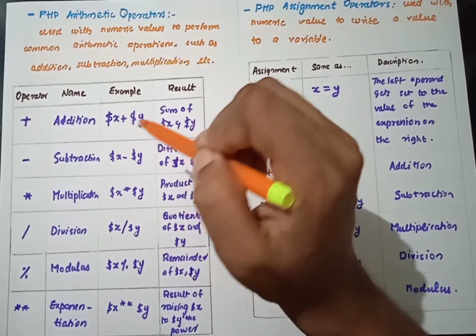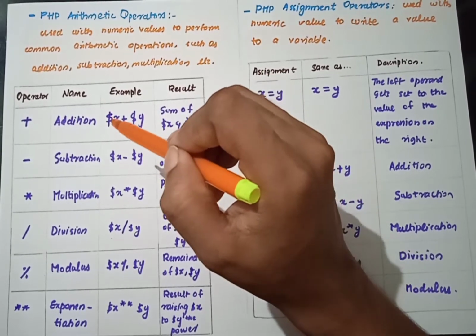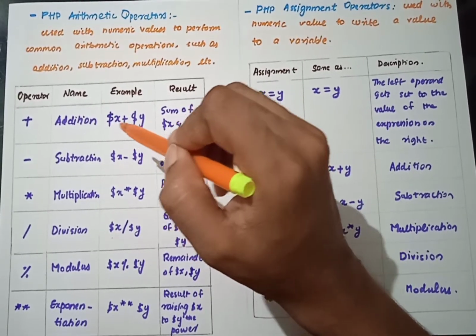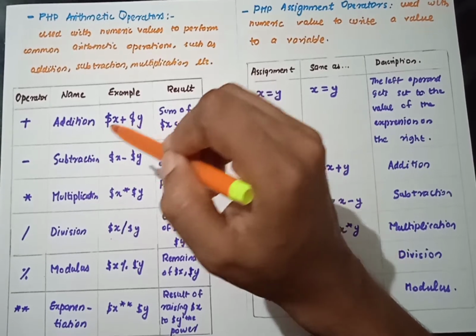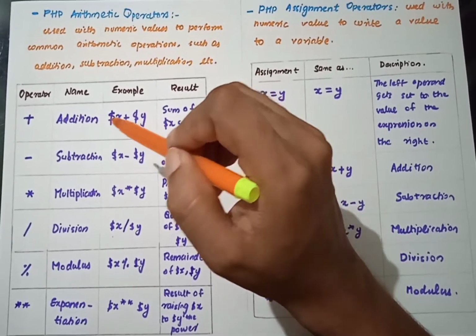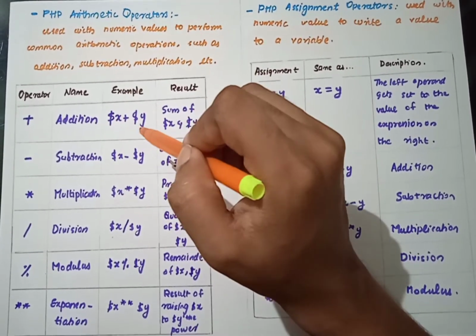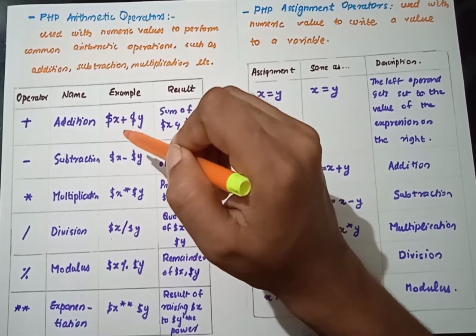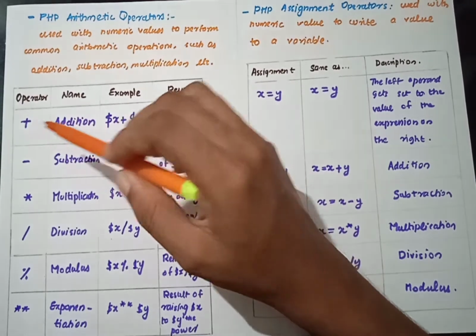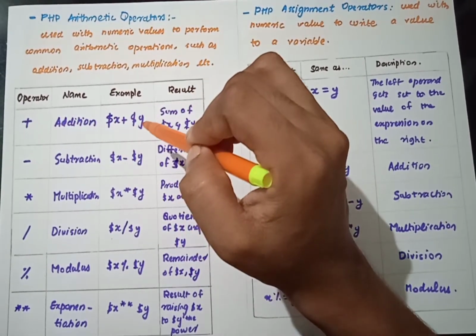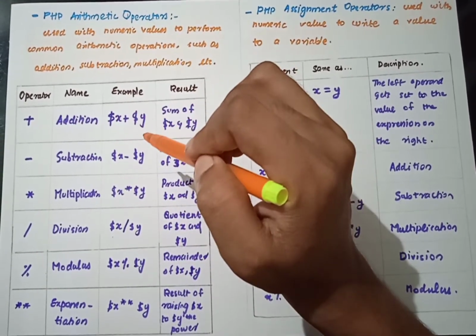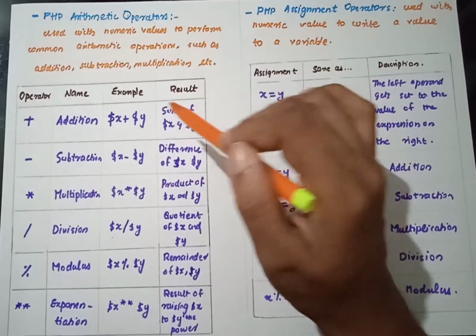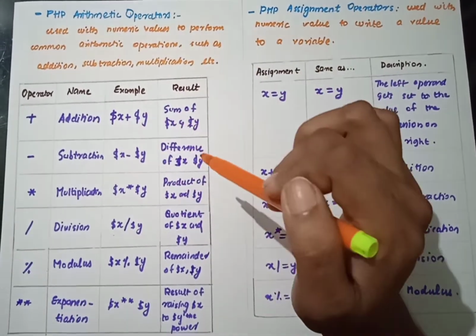And how to implement that here? We know that X and Y are variables, and when you need to add them, all you need to do is write code like this. That means just use the simple addition operator for adding two different variables. Then the result will be the sum of the two variables that you used.